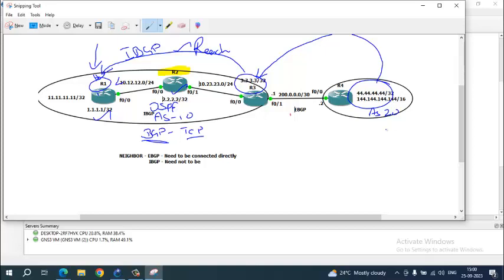But R1 has already learned 44.44.44 because it has another protocol, BGP. I repeat, without OSPF, R1 and R3 cannot form IBGP neighbor because BGP is a TCP based protocol. So, to provide that reachability in order to form IBGP neighbor, we use OSPF.